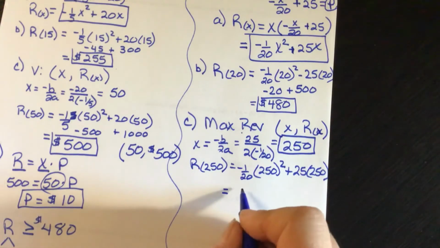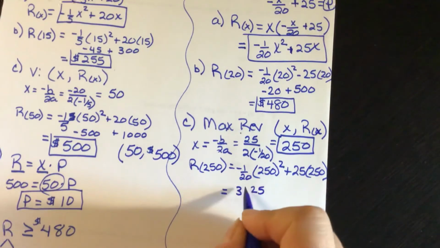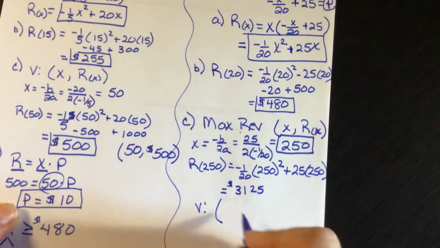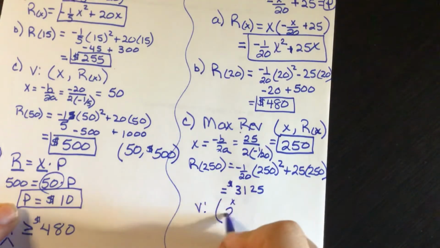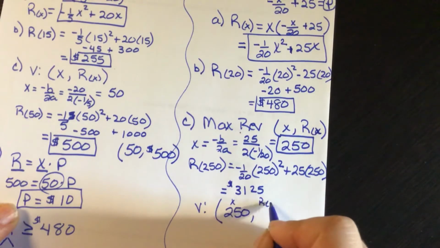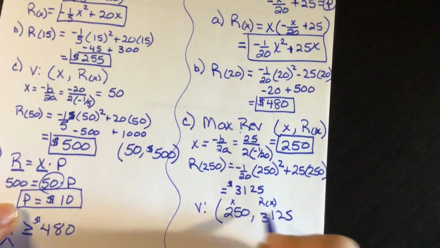So I end up here with 3,125, and that would be dollars. So my vertex here for my X value, I have 250, and the maximum revenue based on 250 is 3125.